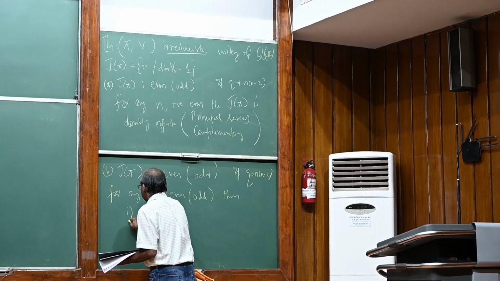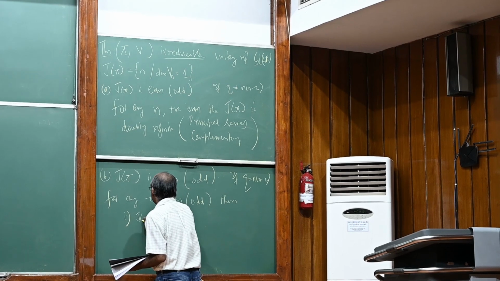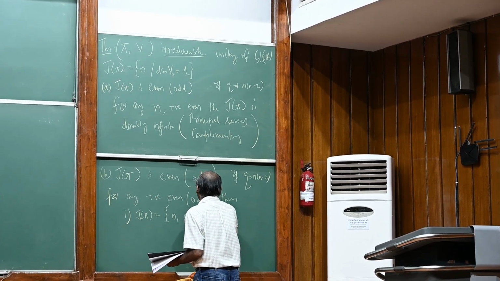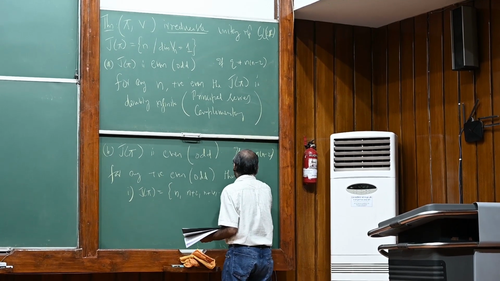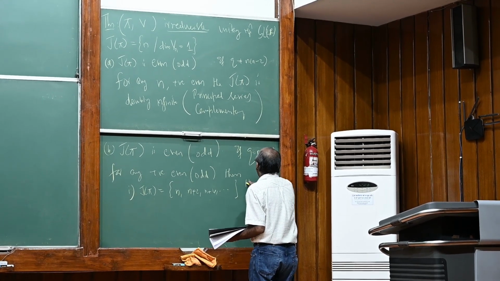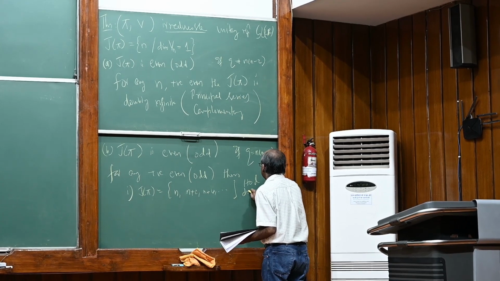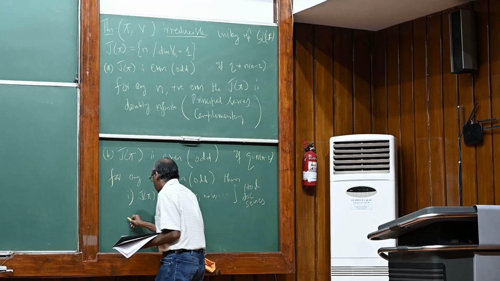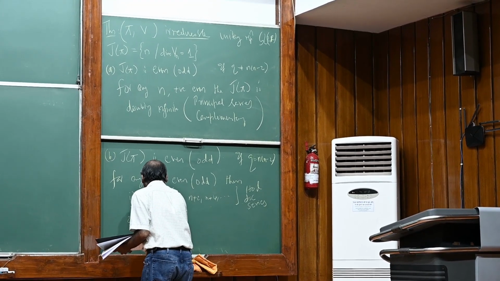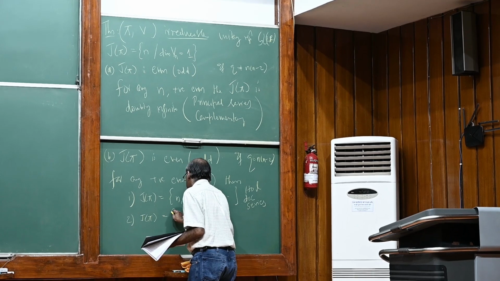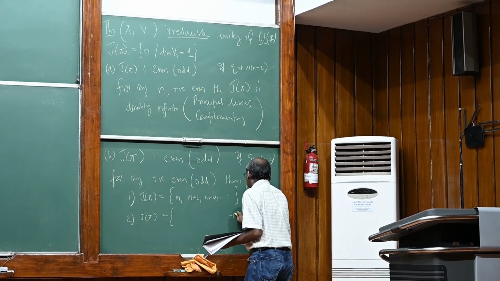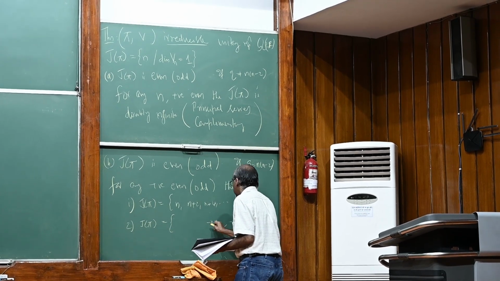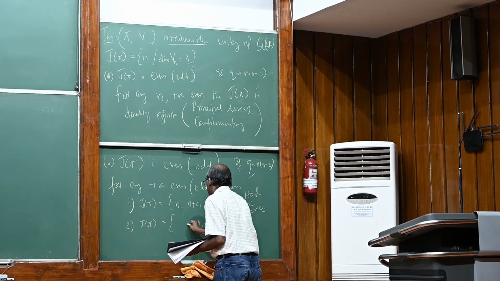One, J pi starts from n and goes to the right, n plus 2, n plus 4, etc. So this is the holomorphic discrete series. And 2, J pi goes to the negative side, left side from minus n onwards, minus n, minus n minus 2, minus n minus 4, etc.